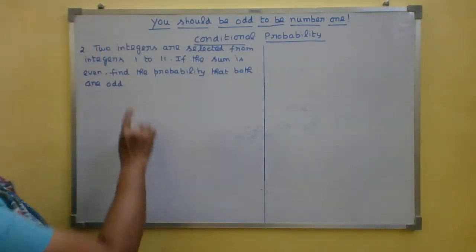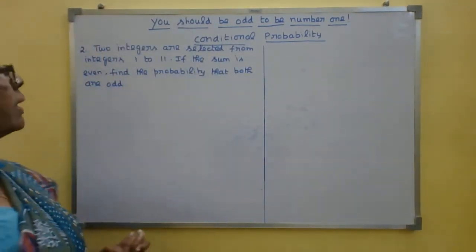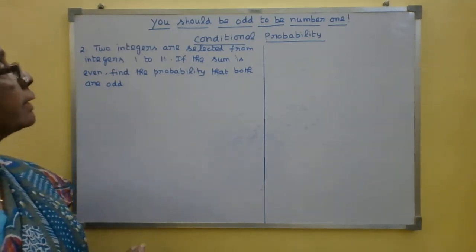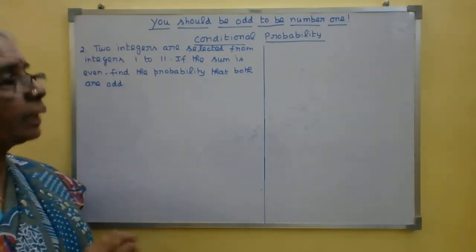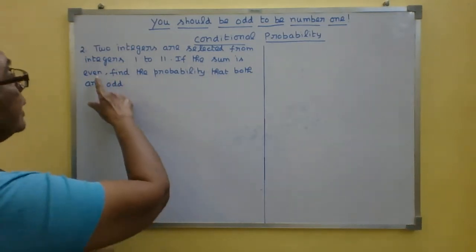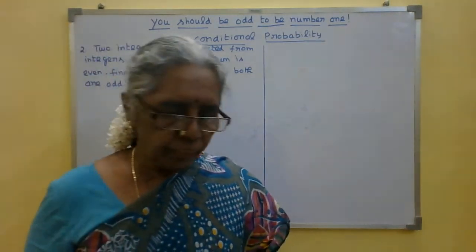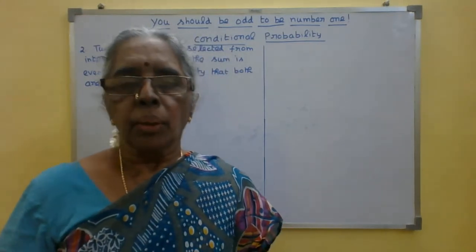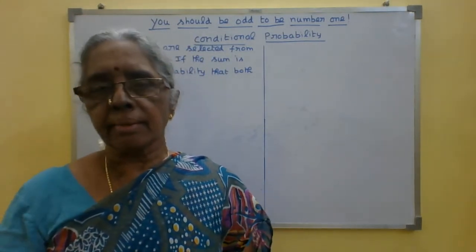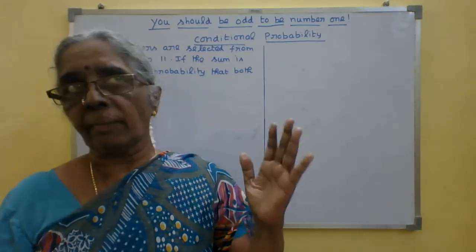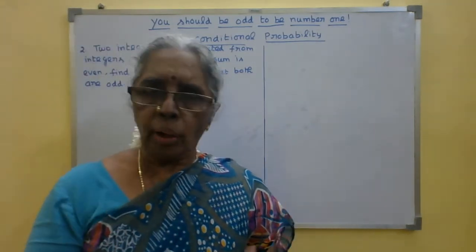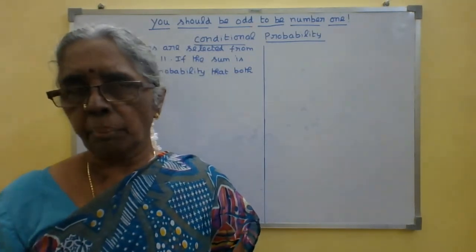Now, see the second sum, a bit different I have taken. Two integers are selected from integers 1 to 11. If the sum is even, find the probability that both are odd. Now, in this sum, you are given 11 integers, that is starting from 1 to 11. In that, you have odd numbers as well as even numbers.